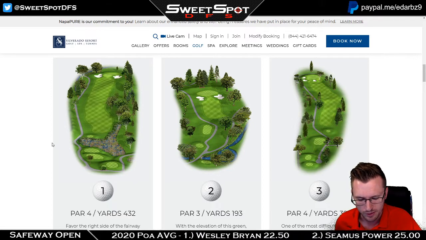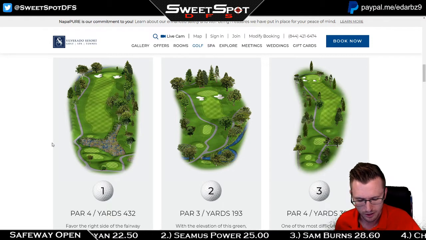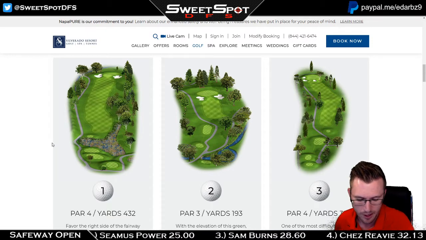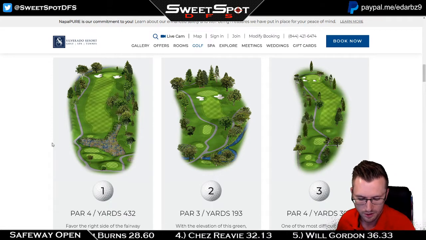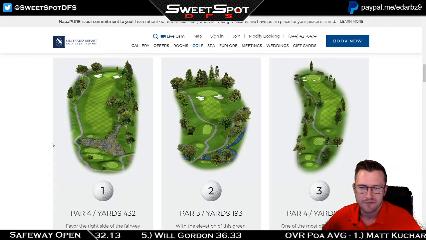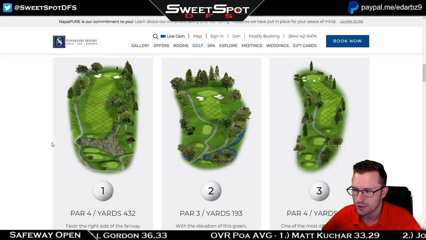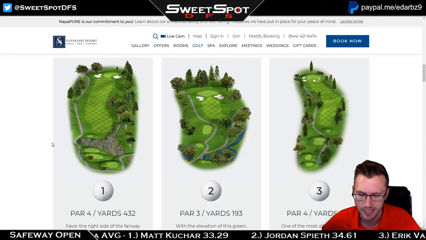So I must be missing one somewhere. I would assume it's probably 9 holes where it does not matter what you end up hitting. So off the tee, not a huge difference, and we'll go through this preview and you can see which holes a draw mattered on and that kind of thing.